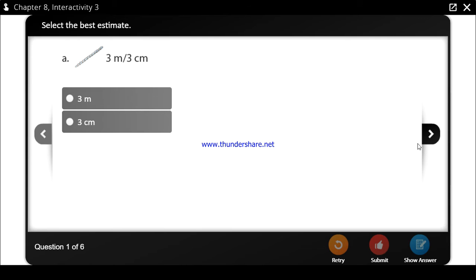We already know that smaller things are measured in millimeter or centimeter, and longer things are measured in meters only. So here, question part A, the small thing, needle, is measured in centimeter, 3 centimeter.